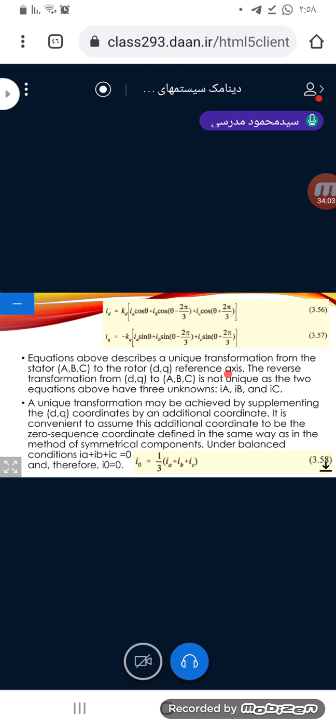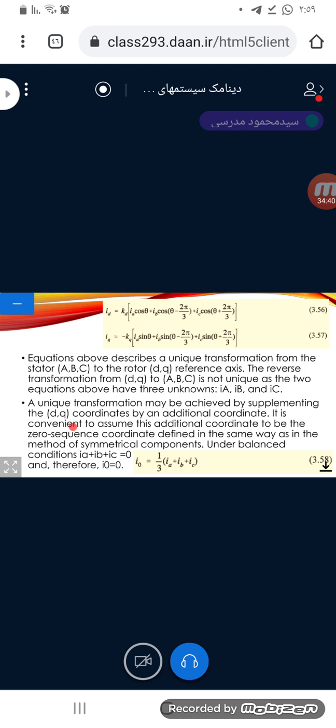The reverse transformation from DQ to ABC is not unique, as the two equations above have 3 unknowns, IA, IB, and IC. A unique transformation may be achieved by supplementing the DQ coordinates by an additional coordinate.